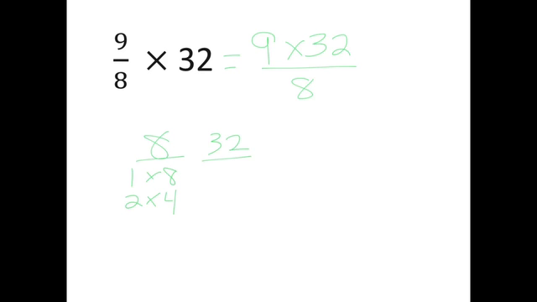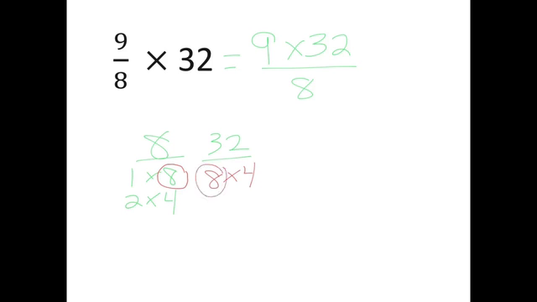And so we want to see if 8 can actually go into 32. And if it can, that's what we're going to use. So let's think. 8 times what would give us 32? Well, remember that 8 times 3 is 24. If you add 8 more to 24 for 8 times 4, that should give you 32.